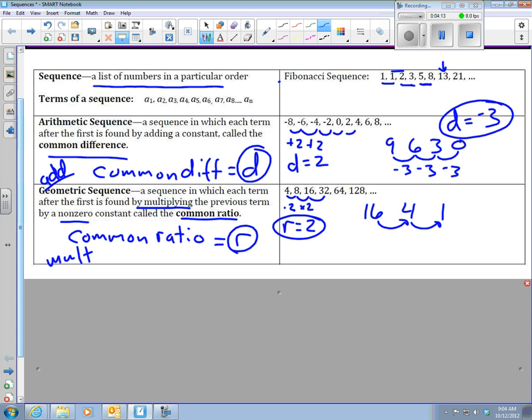Or you're multiplying by 1/4. 4 times 1/4 is equal to 1. 1 times 1/4 is equal to 1/4. And then finally, if I multiply by 1/4 again, I would get 1/16. In this case, my common ratio is 1/4, a fraction, and you'll see that once in a while.